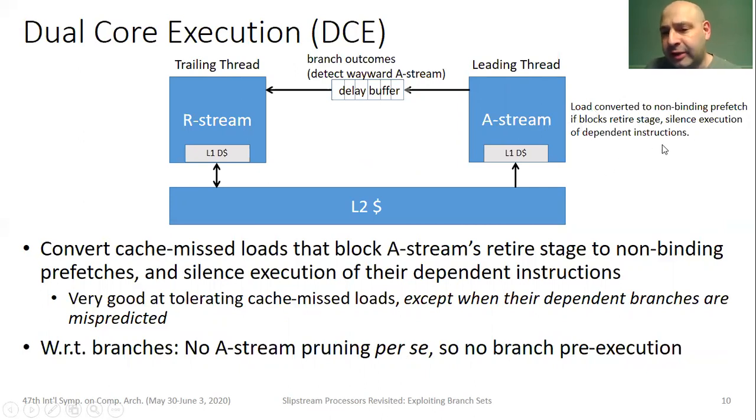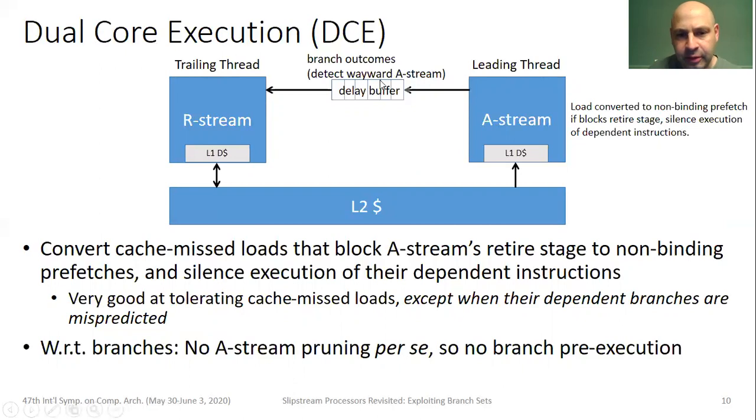And then we have to silence the execution of any dependent instructions that depend on that load. So it converts cache miss loads that block A stream's retire stage to non-binding prefetches and silences execution of their dependent instructions. Now, this technique is very good at tolerating cache miss loads, except when their dependent branches are mispredicted.